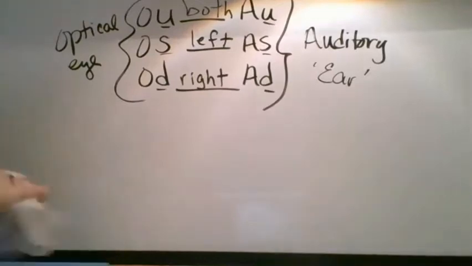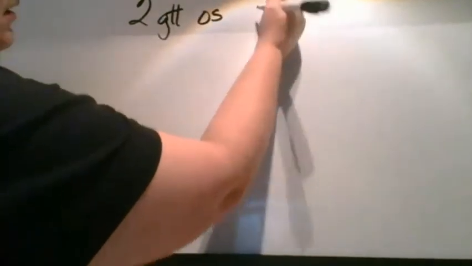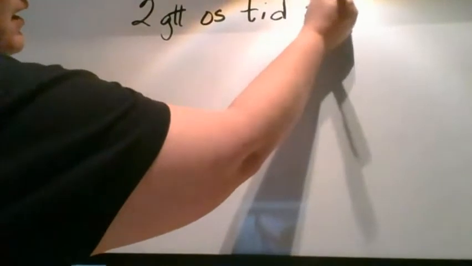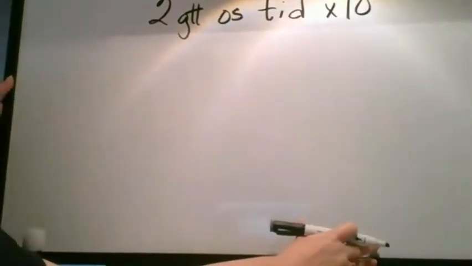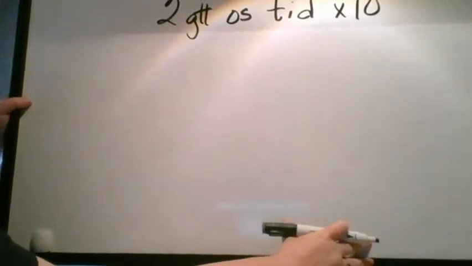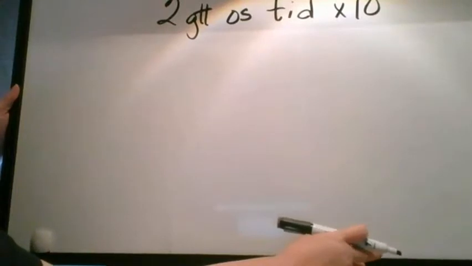Okay, so if the doctor sent in a prescription, we're going to go through it like we did on the PowerPoint slide. 10 days. Okay, so to read that script: 2 GTT OS TID times 10.